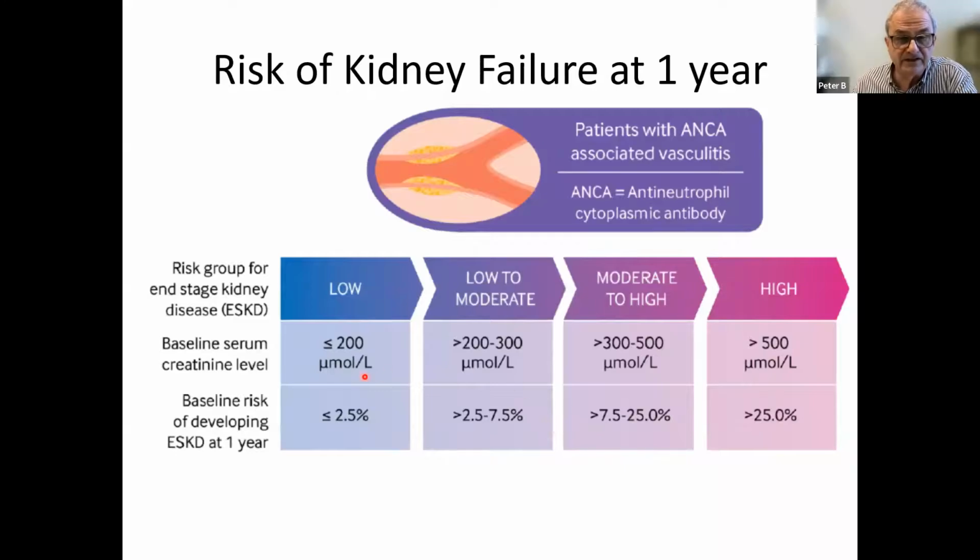The prognosis is dependent on the baseline serum creatinine, but you have a good chance to recover most of the kidney function, even with advanced kidney failure. But the more you have from the start, the risk is higher to develop end-stage kidney failure in the long run.